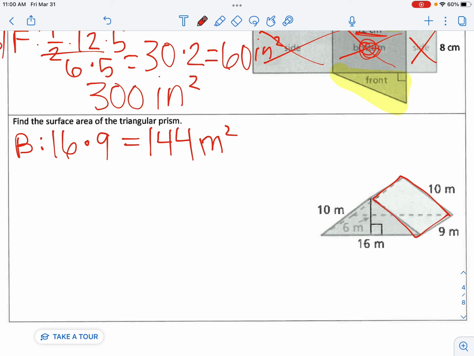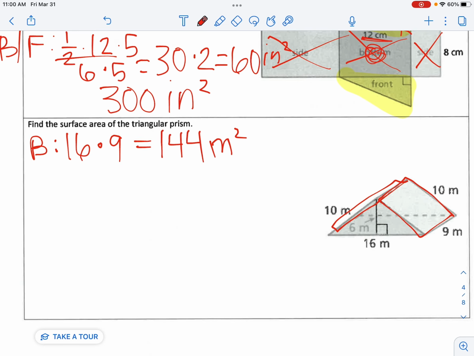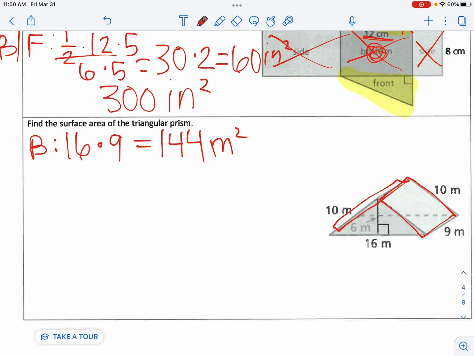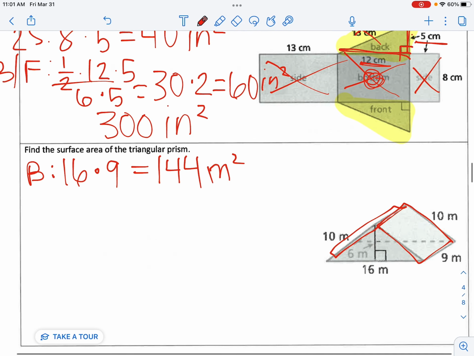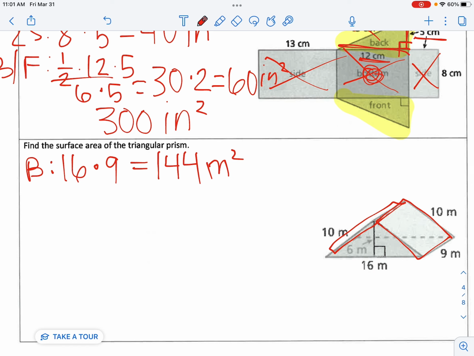So this one and this one back there. Okay. They are the exact same. So that means I'm going to have my base and my height, and I can multiply by 2. So we have, let's see, how do we want to label it? We'll do sides, 2 sides.